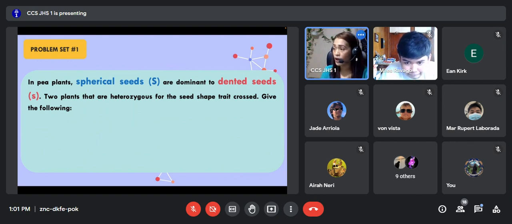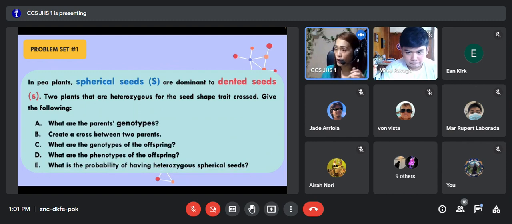Now, two plants that are described as heterozygous for the seed shape were asked to pollinate each other, or breed, or do the reproduction. So we are asked to answer the following. What is the genetic code or the genotype for our parents who are both heterozygous?